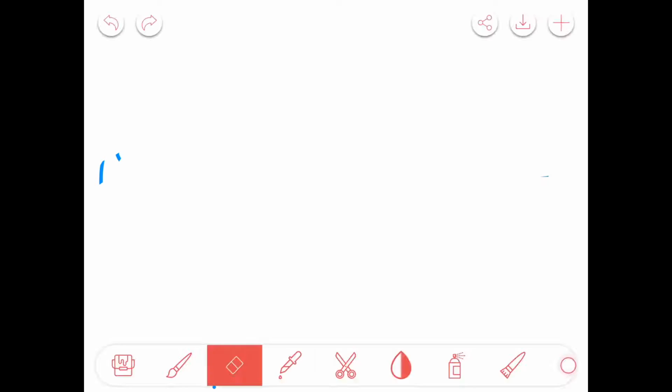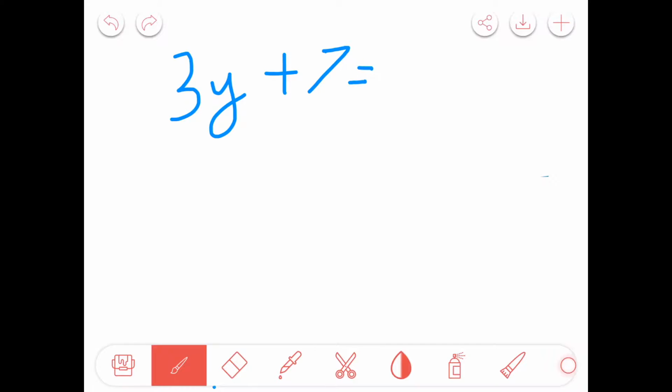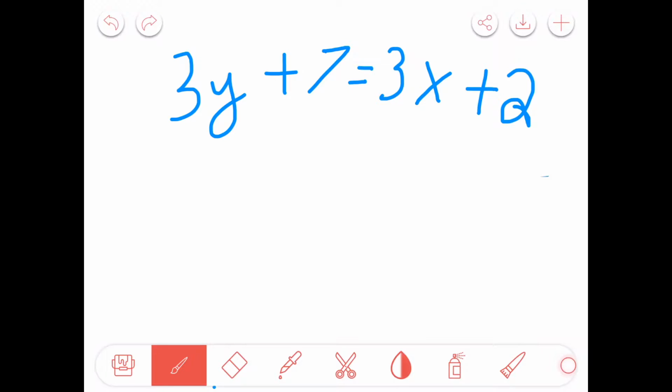Okay, now why don't you do the last one? Here we go. 3y plus 7 equals 3x plus 2. I'll give you guys 10 seconds. You guys can pause the video for more time.